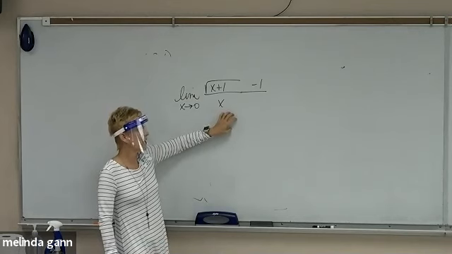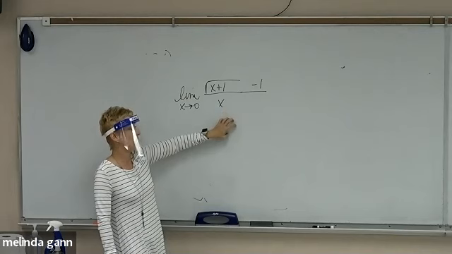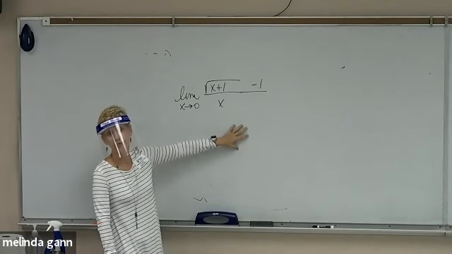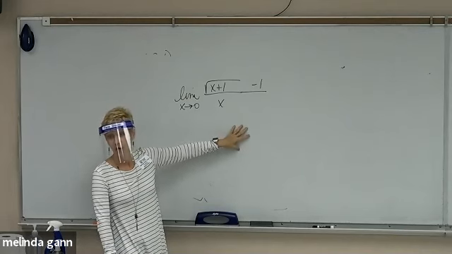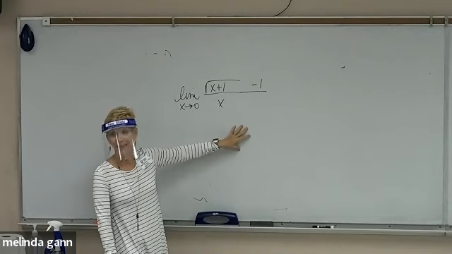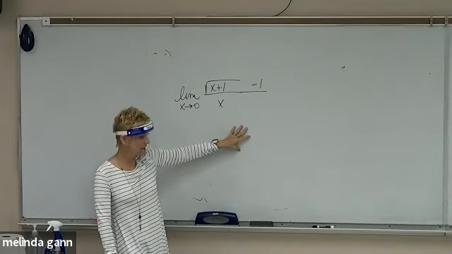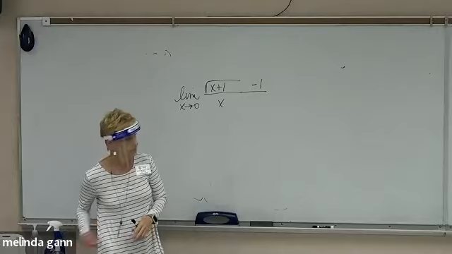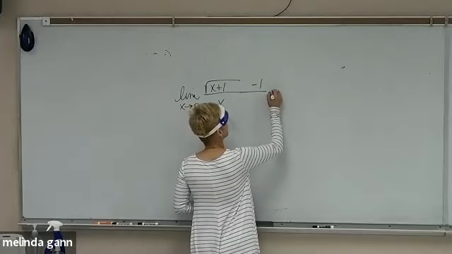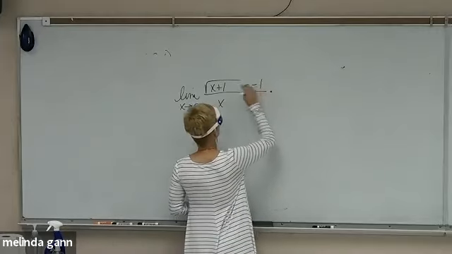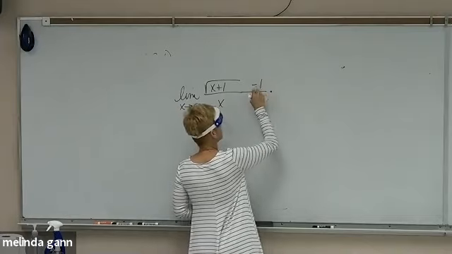Well, there's something I learned in algebra that sometimes is helpful to get rid of roots. And it's called multiplying by the conjugate. Do you remember what a conjugate is? A conjugate is exactly the same thing with the operator change.